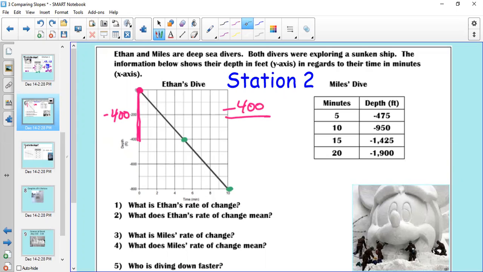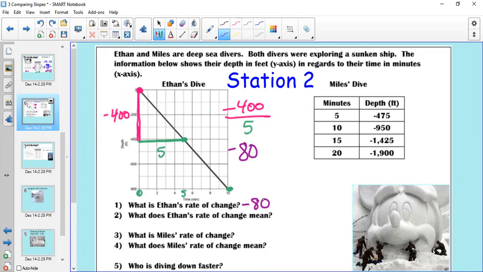And our run, straight across, looking down below at the scale, we went from 0 minutes to 5 minutes. That was a change of 5. So negative 400 over 5. If I simplify that, that would simplify to negative 80. So Ethan's rate of change is negative 80.